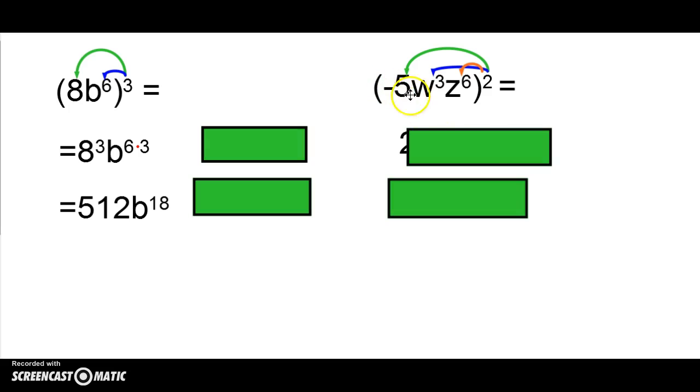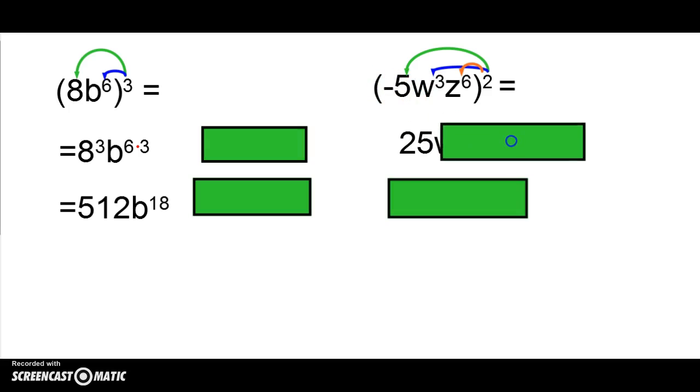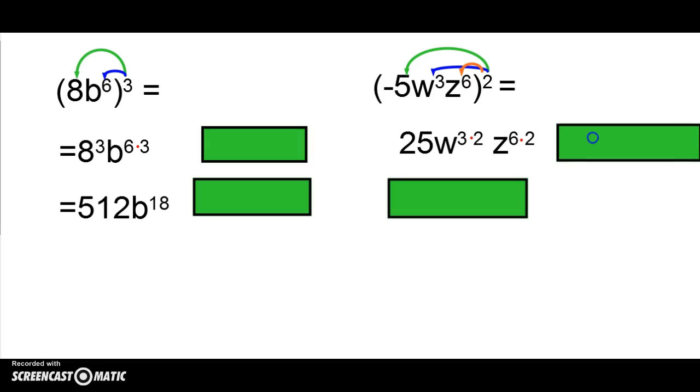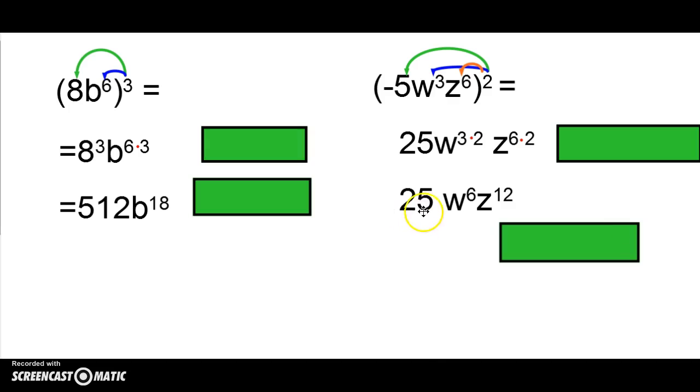So negative 5 squared is 25. w to the 3rd power, and then it's raised to the 2nd power, so 3 times 2. And then the last one, z to the 6th power, and then it's squared, so 6 times 2. So we have 25, w to the 6th, z to the 12th.